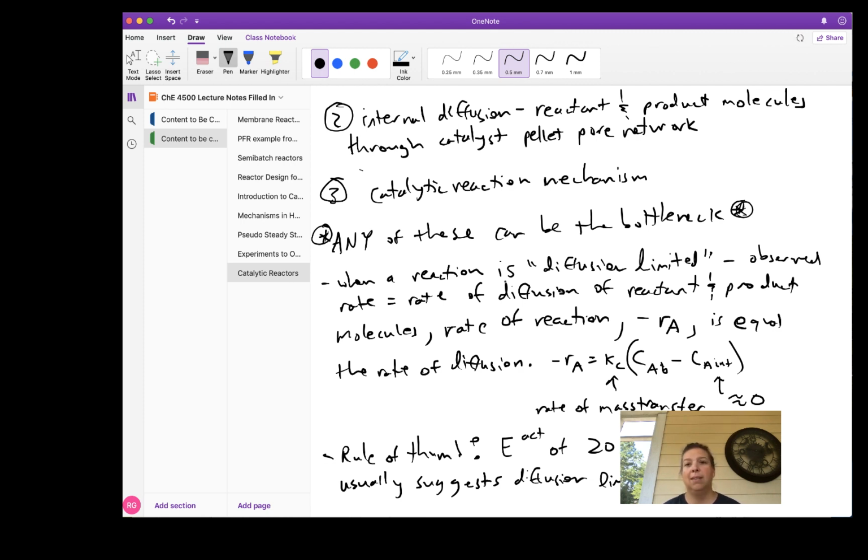But in some cases, it's not the surface reaction. In some cases, it's actually diffusion of the particles to the catalyst surface. In that case, the rate of reaction literally becomes a rate of diffusion, or at least the effective rate of reaction that we would use in our design equations becomes a rate of diffusion, because that is the process that is controlling the rate.